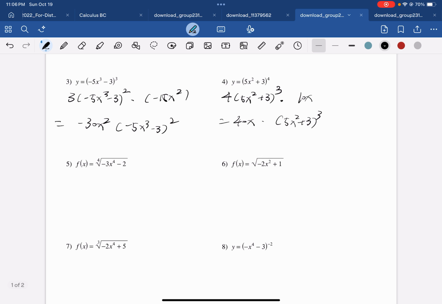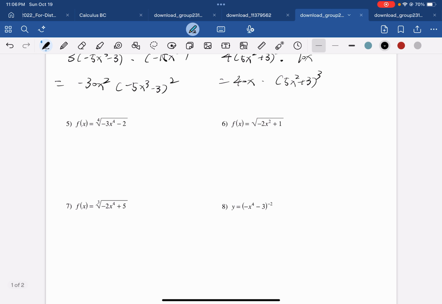Alright. So next one, f of x equals the fourth root of negative 3x to the 4th minus 2. So for this one, it equals (negative 3x to the 4th minus 2) raised to a quarter.